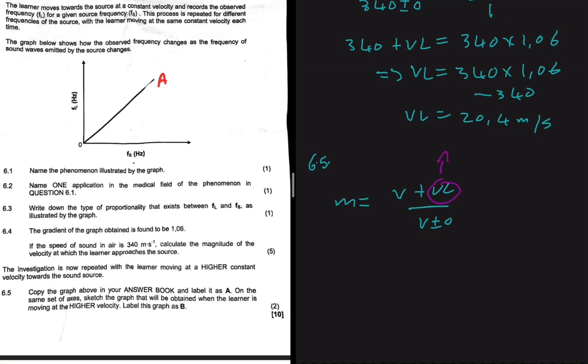So for your graph B, you have the same straight line, but the gradient is just slightly steeper than that one when the learner is moving at a lower velocity. So we're going to have our graph here, right? The gradient is just a bit steeper, just steeper than A, and then we label it B.